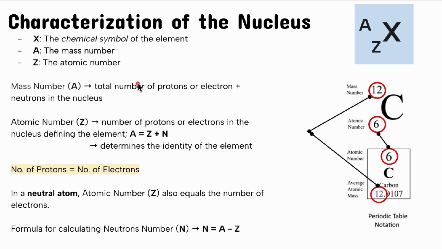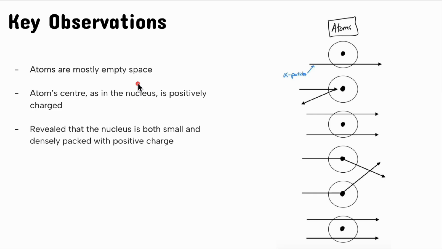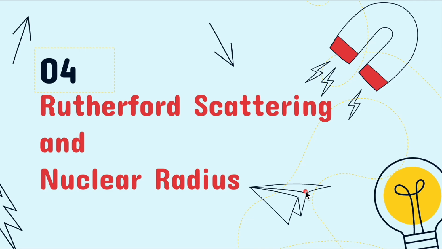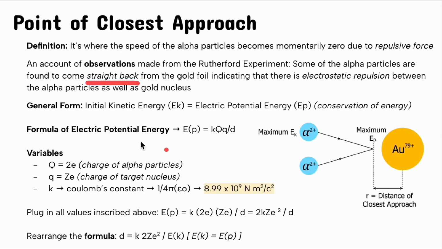Let me just pull it up. Yep, here. The alpha particles just went straight past, and that's pretty much it. It didn't even interact with the nucleus like these ones, less than 10 degrees and greater than 90 degrees. Now, this indicated that there is electrostatic repulsion between the alpha particles as well as the gold nucleus.